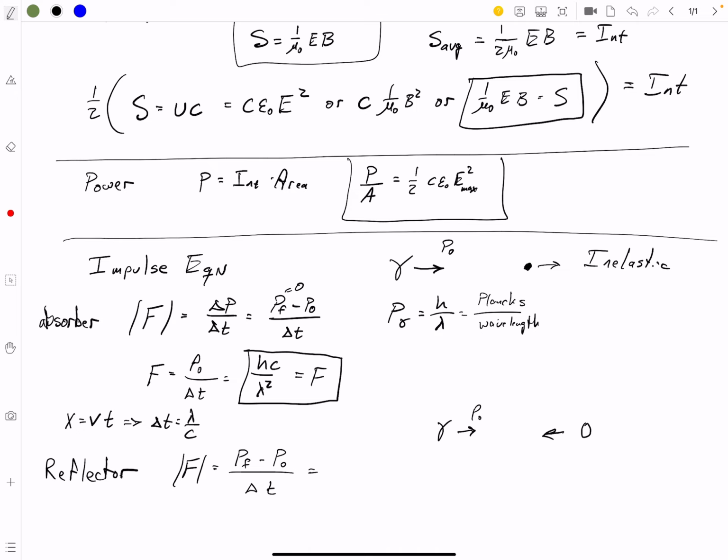And it's a perfect reflector, so our P final is equal to minus our P initial. So we end up with minus 2 P initials over delta T. Straightforward, no hand waving at all. This is where our factor of 2 comes in. And that gives us a force equal to 2 times hc over lambda squared.